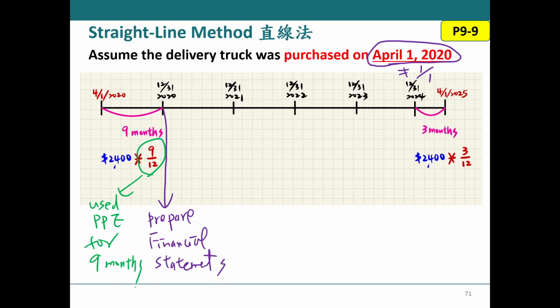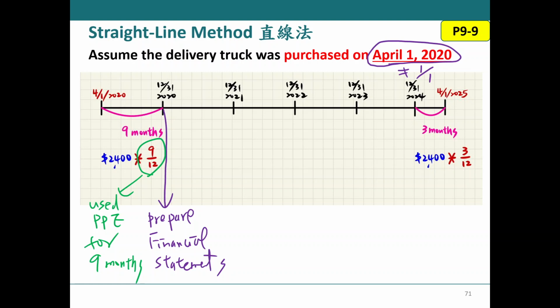So that's why you cannot record $2,400, because $2,400 is for 1 year. So should be very careful about the time. Other years are for the whole year, no problem. But the first year should be very careful, and also the last year, because after 5 years will be April 1st, 2025.